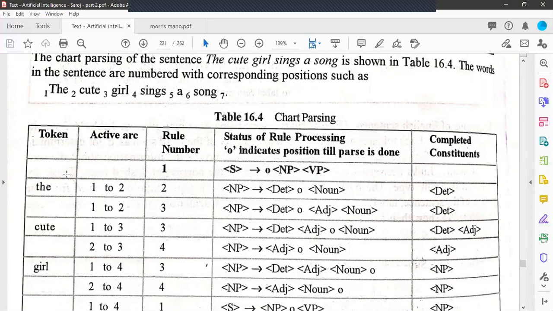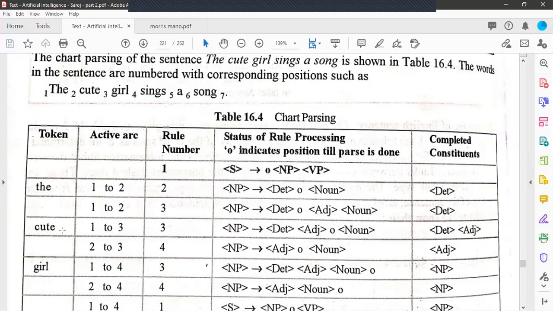After that, in the sentence, what occurs next? It depends on whether there is just a noun or adjective and noun, both. What follows determines which rule is to be applied. Then comes cute.